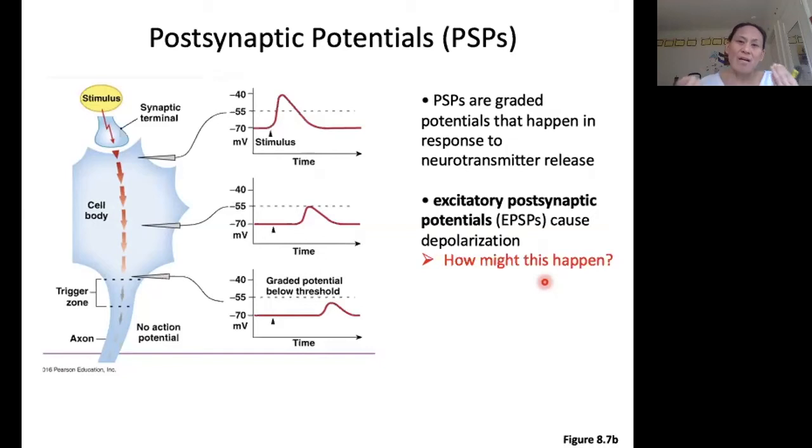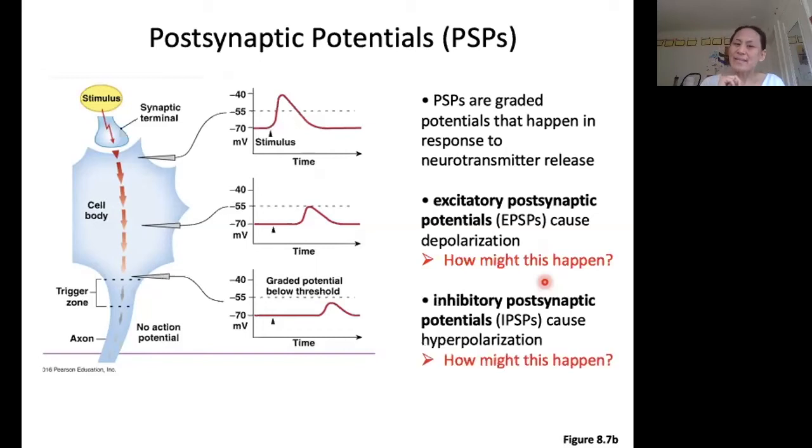And the negative ion, the anion that we have is chloride. So it would be chloride flowing into the cell, which may or may not happen depending on what the membrane potential is. Because remember, chloride equilibrium potential is like -63. Okay, anyway, moving on.